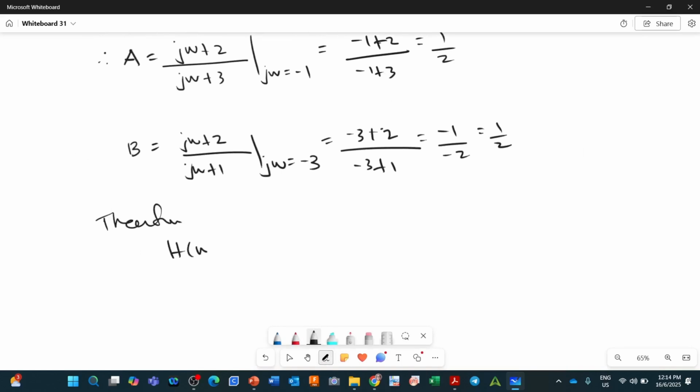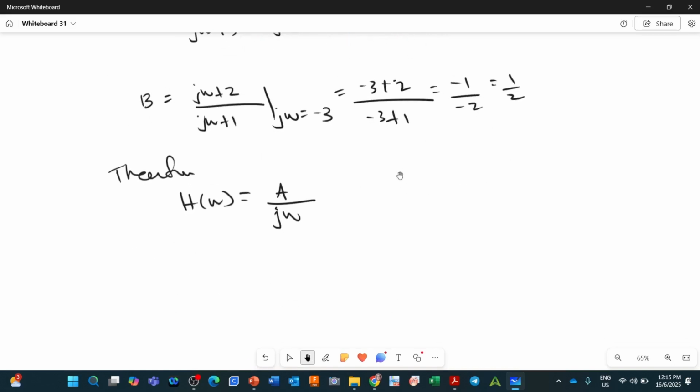Therefore, H omega is equivalent to A over J omega plus 1 plus B over J omega plus 3.